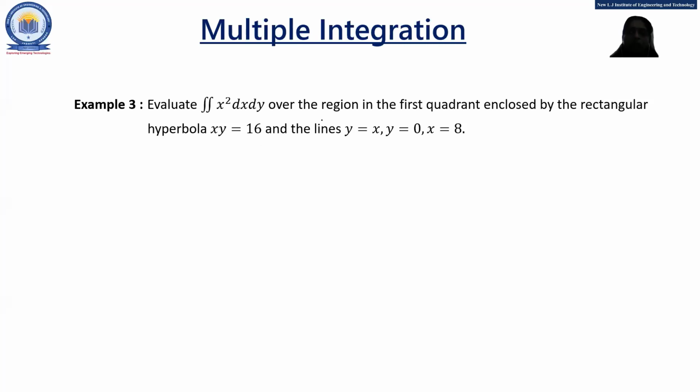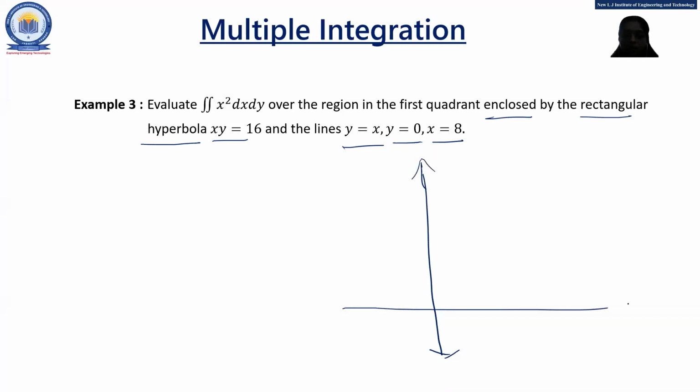In this question, your region is enclosed by the rectangular hyperbola xy equal to 16, y equal to x, y equal to 0, and x equal to 8, in the first quadrant, right? So this is y equal to x, means this line passes through the origin.